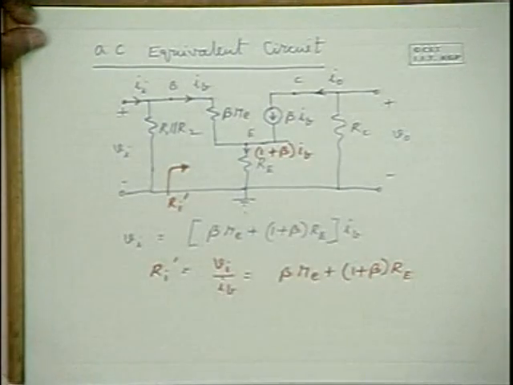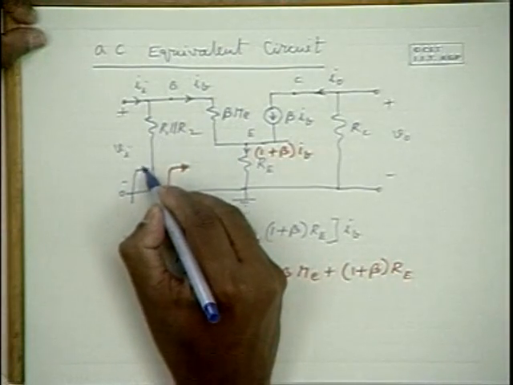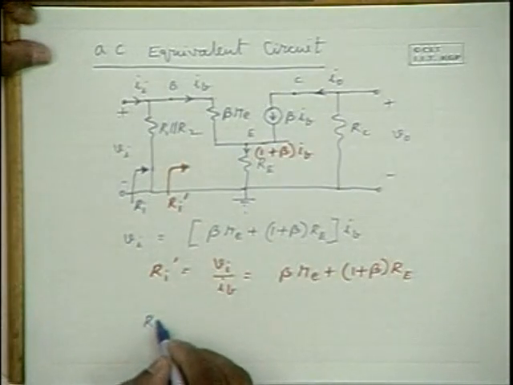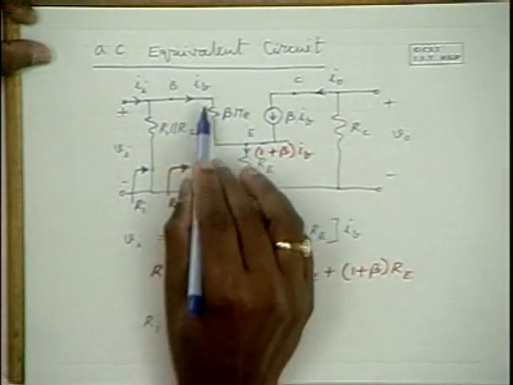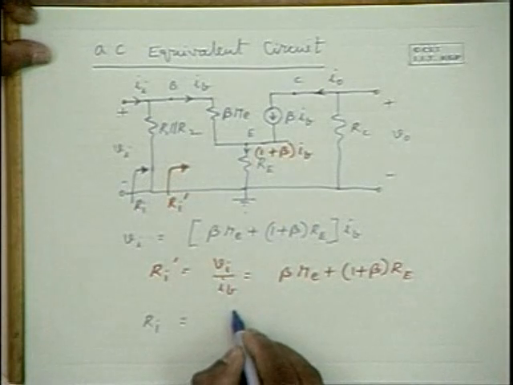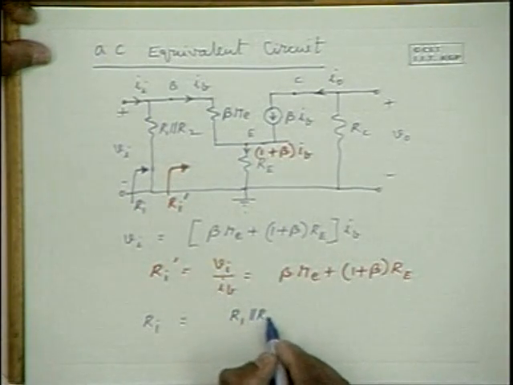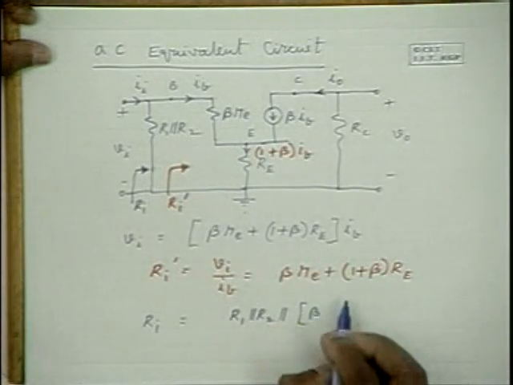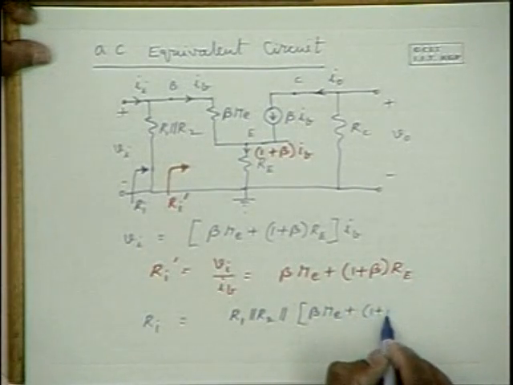Now the input impedance of the total amplifier, that is Ri, can be obtained as the parallel combination of the impedance over here and R1 in parallel with R2. Therefore, the input impedance is R1 in parallel with R2 in parallel with Ri dash, that is beta Re plus 1 plus beta into RE.